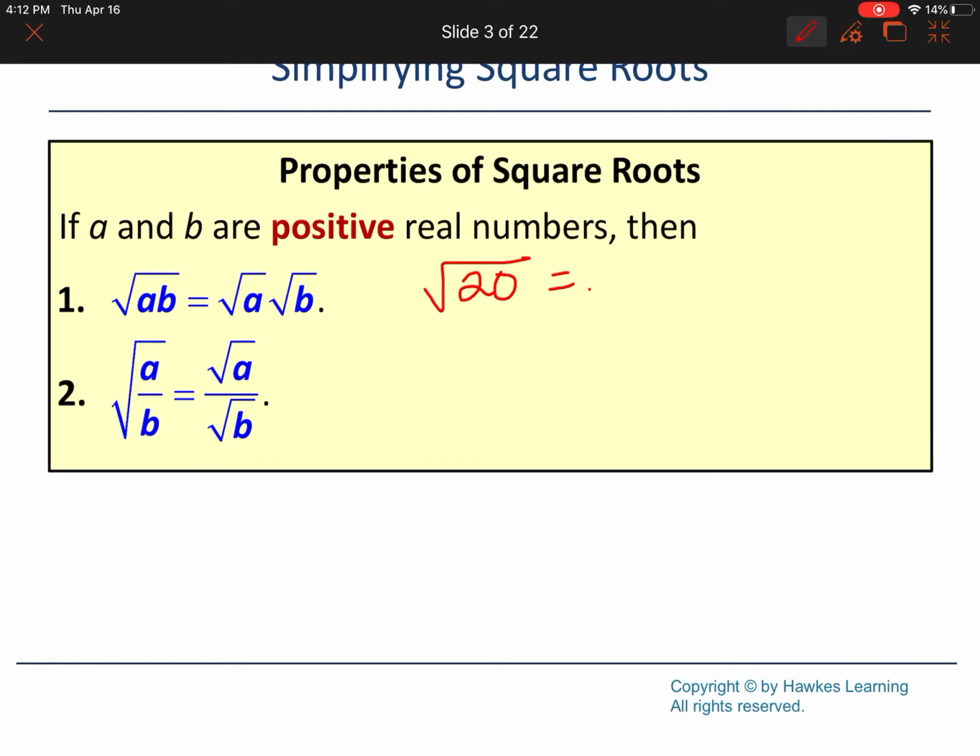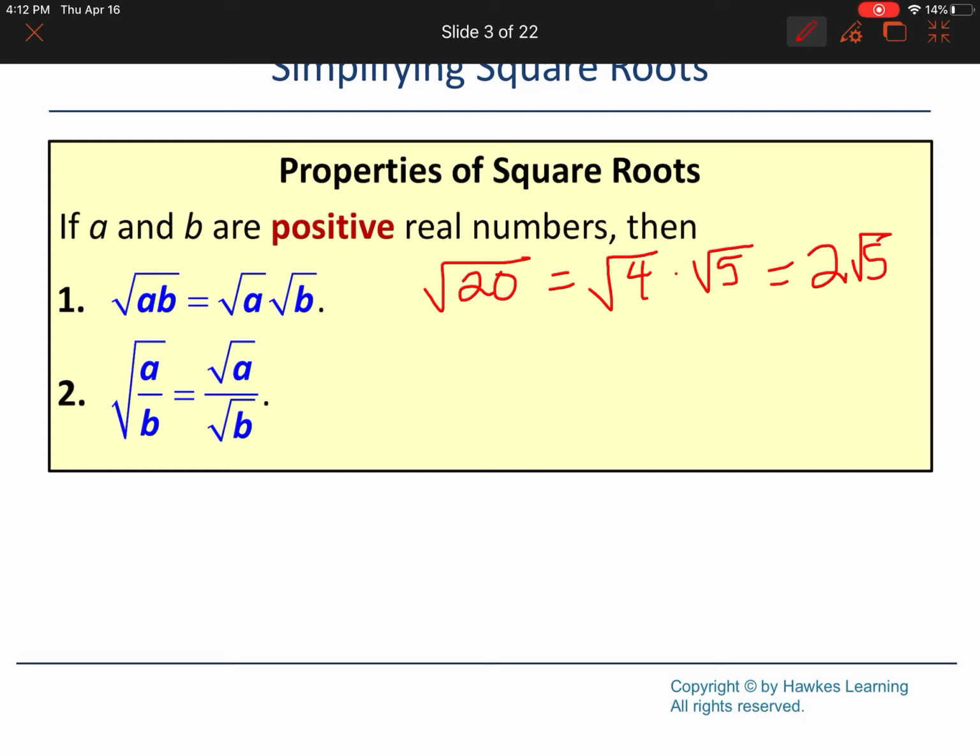So 20 is 4 times 5, so that would be the same as square root of 4 times square root of 5, right? Well, we know the square root of 4 because that's a perfect square, so that means that it would be the square root of 4, which is 2 times the square root of 5. And so that's how we will simplify.